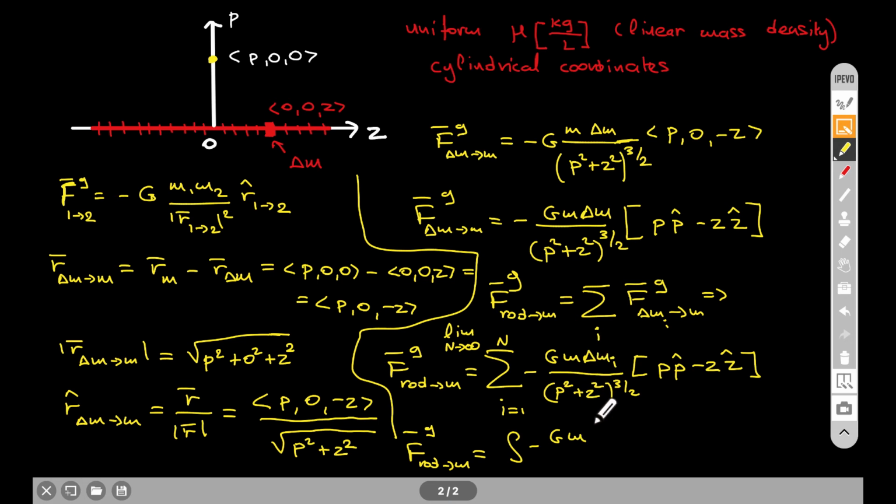Now the delta m that I used with the sum, now that I'm using an integral, will become dm. And everything else stays the same. I will move on so that I can figure out what I'm going to do with this integral.